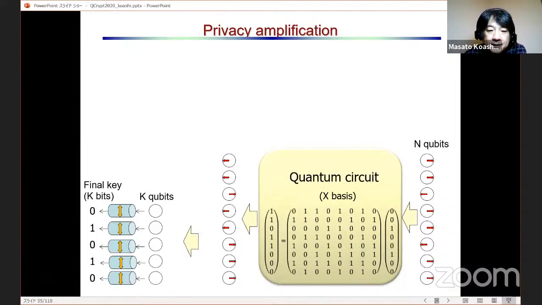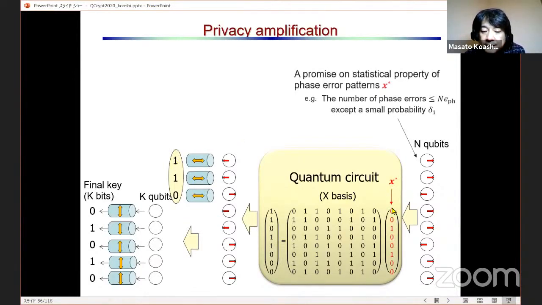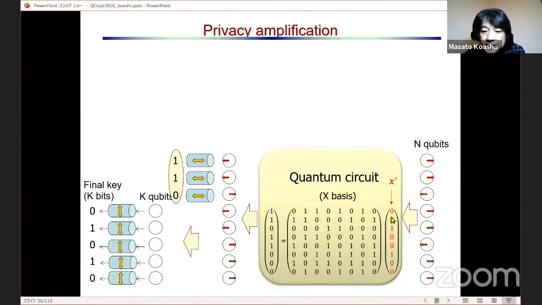Now, because these qubits are discarded, why don't we measure these qubits along the X basis? Then this outcome here is a kind of clue about what the true pattern here is. What I mean is, let's say this bit is the inner product of this row and this true pattern here.